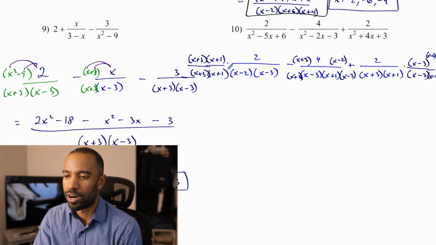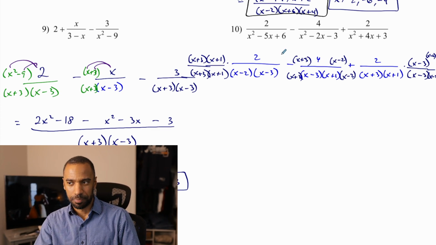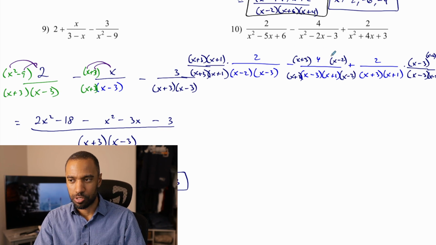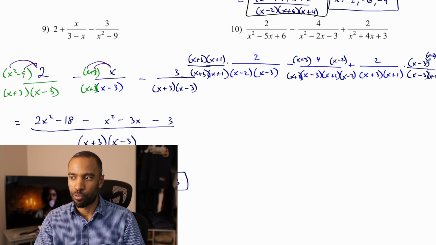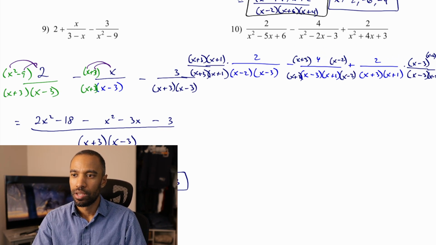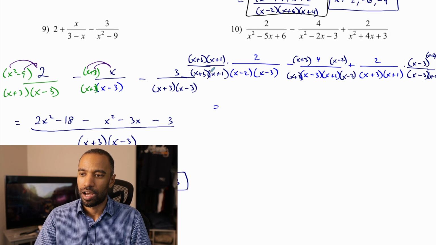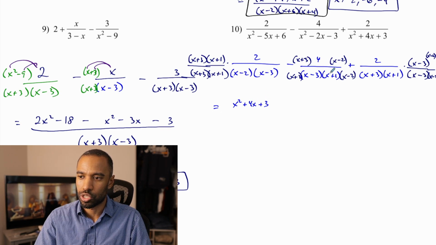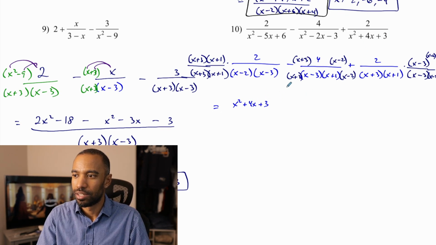Okay, 4 denominators. Foiling and then times 2. Foiling and then times 4. Foiling and then times 2. So on top here, foil this, we're going to get x squared plus 4x plus 3. Basically, that guy.